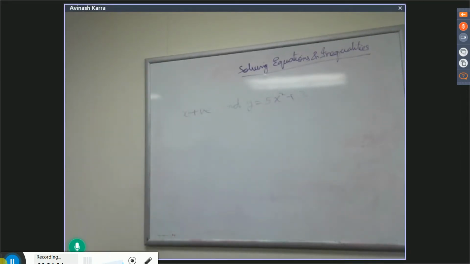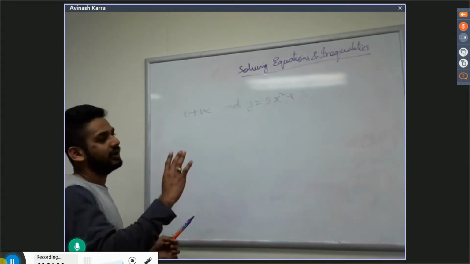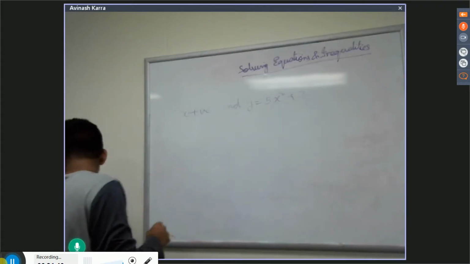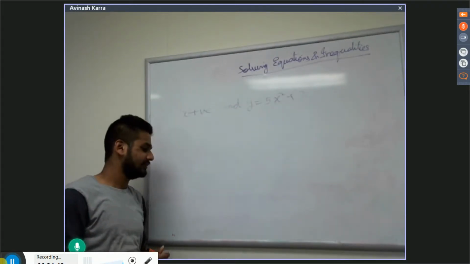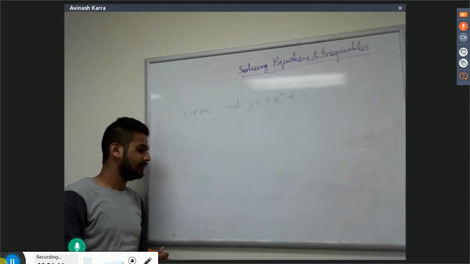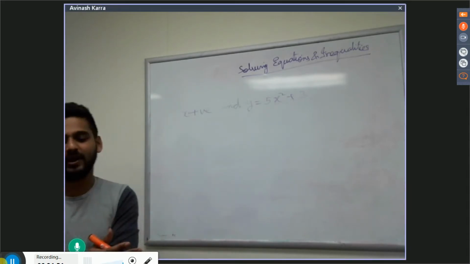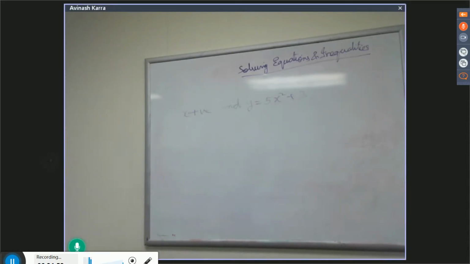See, whenever they say x in terms of y or whatever, when they ask x, just make x as a subject. That's it. If you can't, I will explain again. Just I want you to try once first.